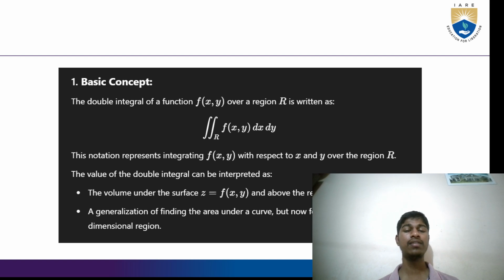This notation represents integrating the function f of x and y with respect to x and y over the region R. The value of the double integral can be interpreted as the volume under the surface z is equal to f of x and y and above the region R in the xy plane. It is a generalization of finding the area under the curve, but for a surface over a two-dimensional region.